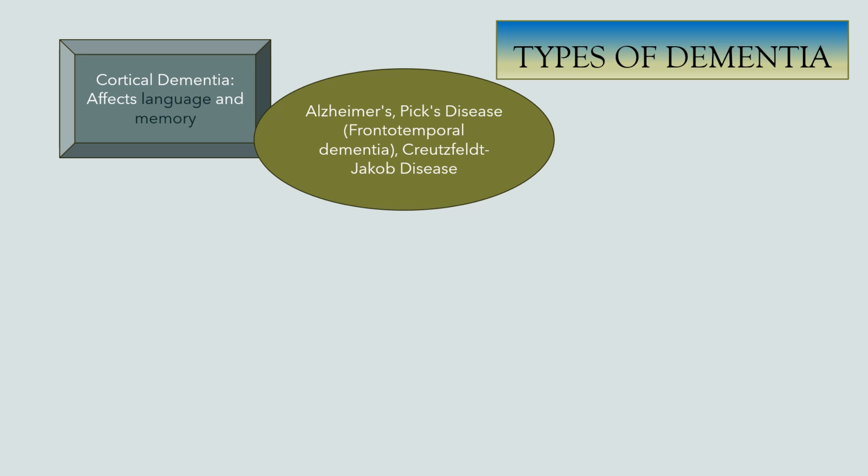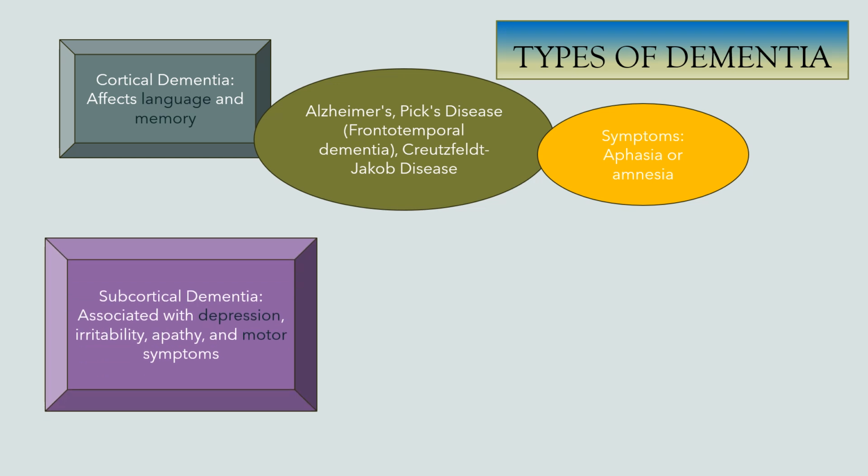Types of dementia. Cortical dementia affects language and memory: Alzheimer's, Pick's disease, which is frontotemporal dementia, Creutzfeldt-Jakob disease. Symptoms are aphasia or amnesia.